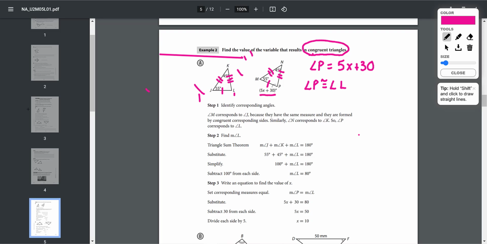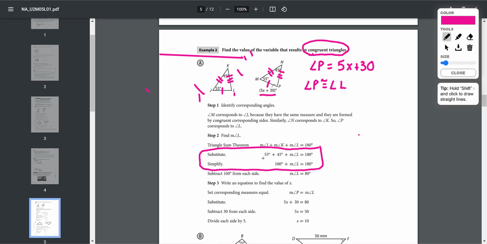So to find angle L, you can set it up as 55 plus 45 plus the measure of angle L equals 180.